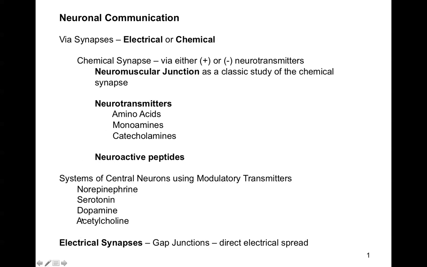Some of the neurotransmitters involved in these circuits in the brain include norepinephrine, serotonin, dopamine, and acetylcholine. We will talk about that when we go through the central nervous system. And then finally, electrical synapses we will also mention. Electrical synapses are also known as gap junctions, and they allow for the direct spread of the action potential from the presynaptic cell to the postsynaptic cell. And we'll see what that looks like in just a moment.